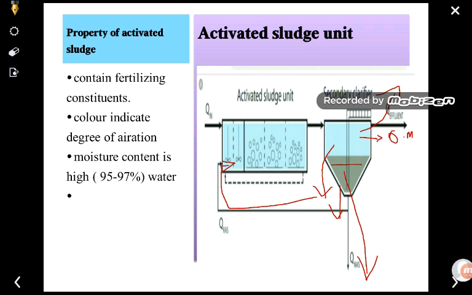The digested sludge is harmless and does not produce any nuisance, so it is utilized again and again. So in this way the activated sludge unit works.